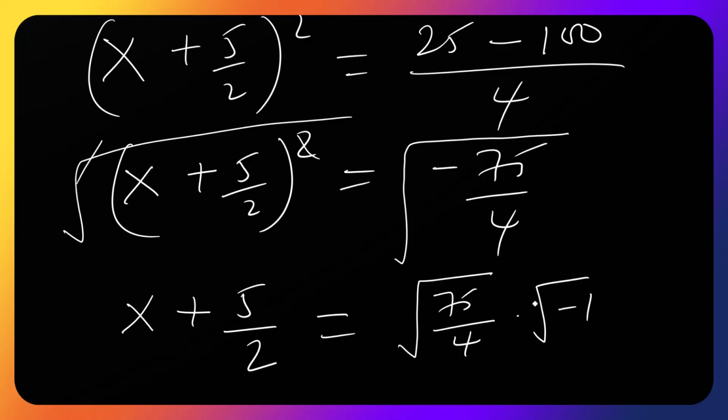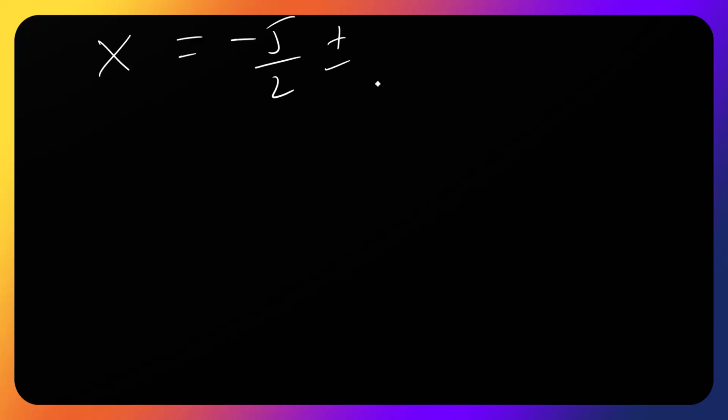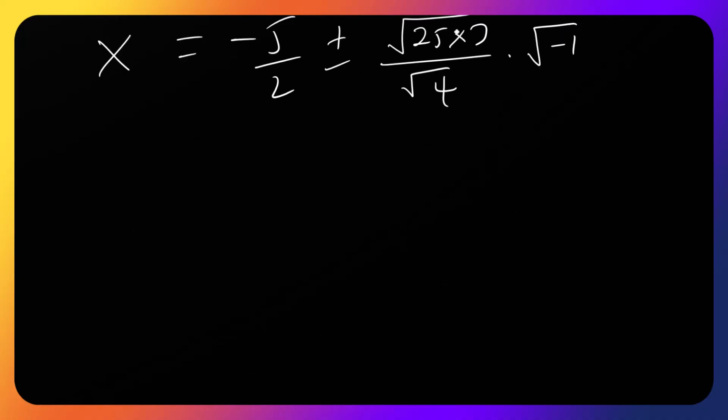The numerator will be the square root of 25 times the square root of 3, that will be 5 root 3.